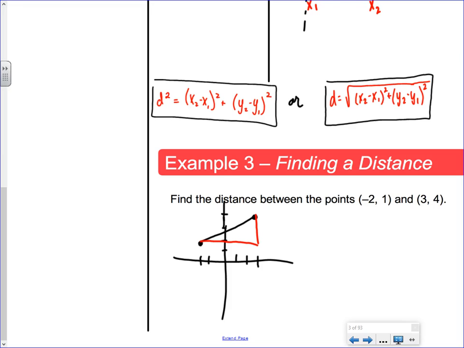Just by looking at the graph, I can tell that the bottom leg is going to end up being 5. The vertical leg is going to end up being 3. My orientation was a little funky.